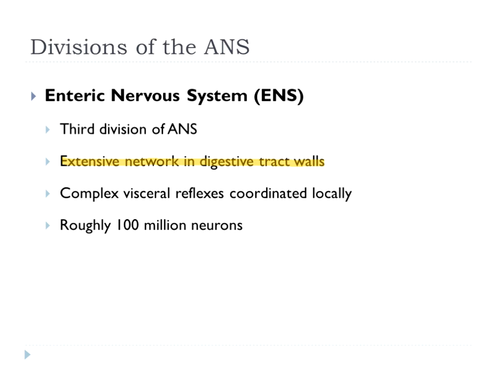You have roughly 100 million neurons that are responsible for coordinating the activities of digestion. Those complex visceral reflexes are controlled locally by those digestive organs and those neurons devoted to that process, and we call all of that the enteric nervous system.